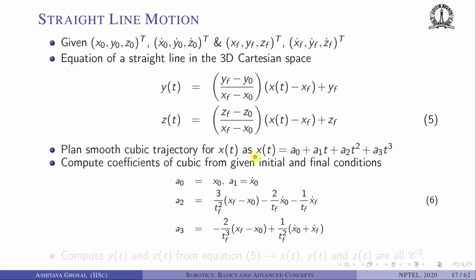So once we have x of t as a smooth trajectory, we can compute y of t and z of t from this equation, which will ensure that all the generated x(t), y(t), z(t) are C2 continuous, right? x of t is C2 continuous, so both z(t) and y(t) will be C2 continuous. And more importantly, all the x(t), y(t), z(t) are exactly lying on a straight line in 3D space.